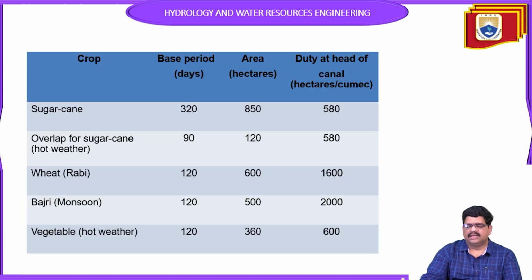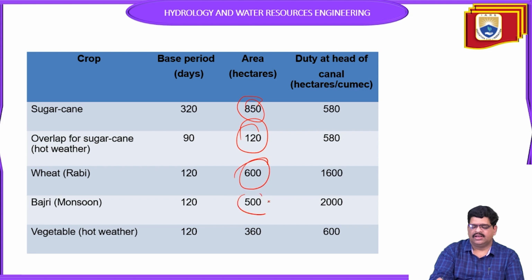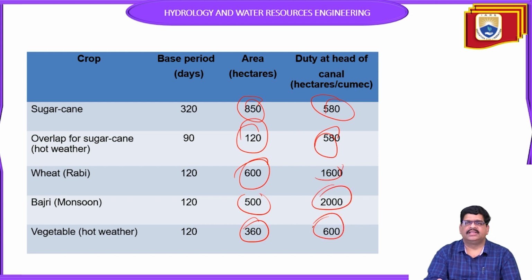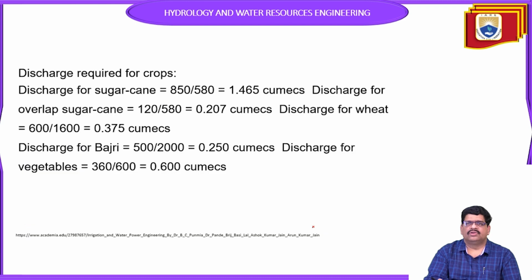So let us see. From the table given, the base period of sugarcane is 320 days, overlap sugarcane 190, wheat 120, barley 120, and vegetables 120. The areas in hectares are 850, 120, 600, 500, 360 and so on.